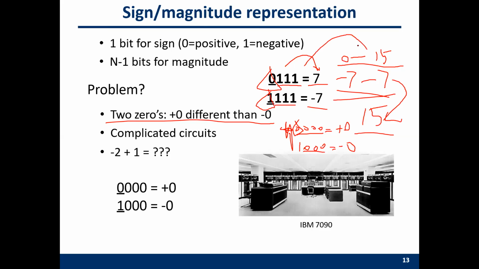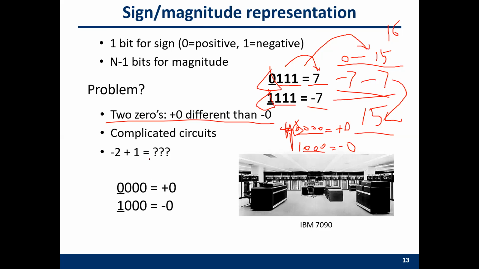But if we don't have the signed bit, we can represent 16, from 0 to 15, which is 16 numbers. Then we need to modify the encoding to solve these problems.